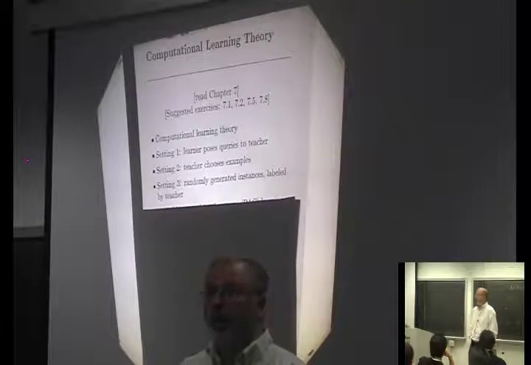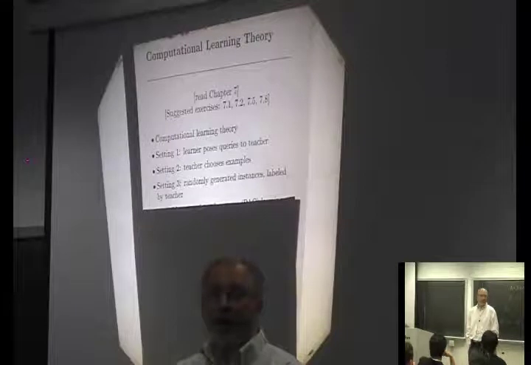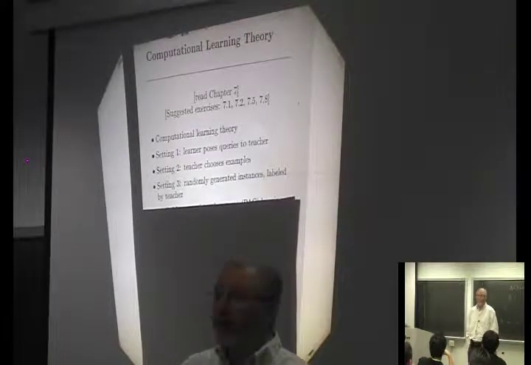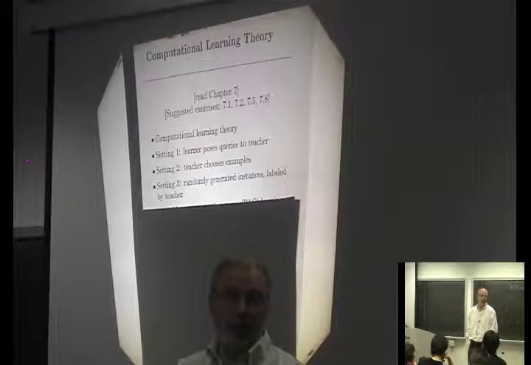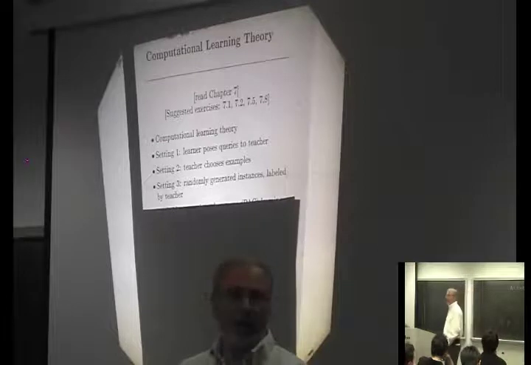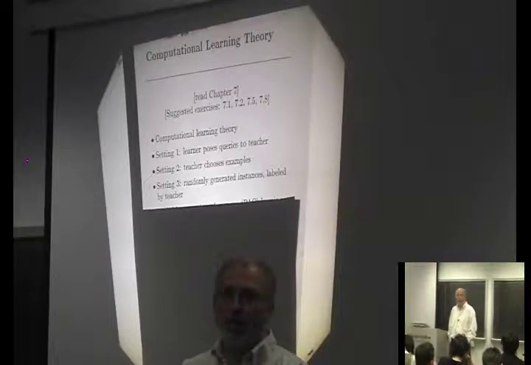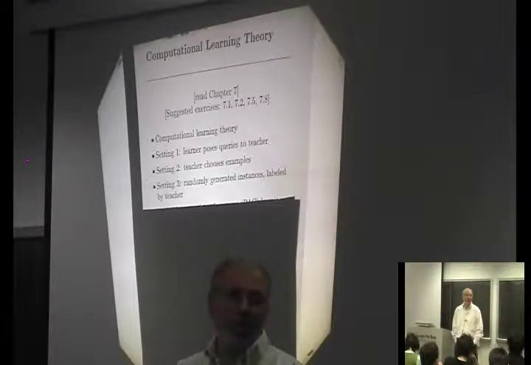You have no control over them. There's a certain distribution of them, and you may have a teacher, you may not, but you're trying to do the best you can with examples that are chosen not by nature in this case, but by society, and are outside your control. Or in the case of EnjoySport, if you're trying to learn from the next 7 days, you have no control about what the weather will be in the next 7 days. So you take what you get.